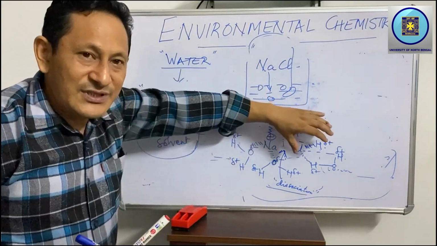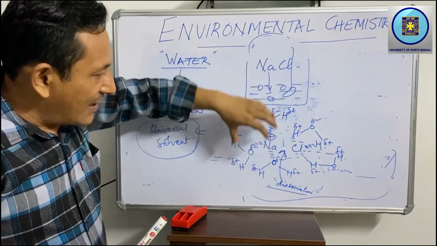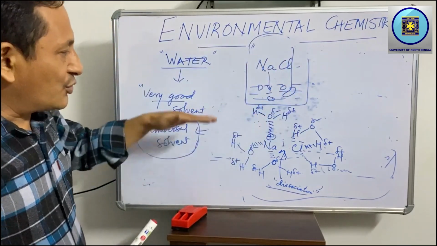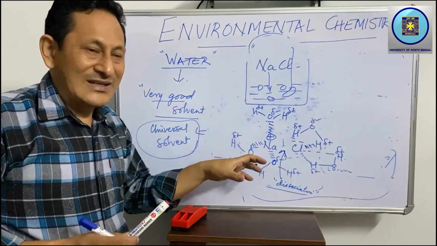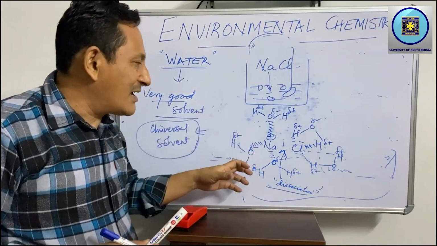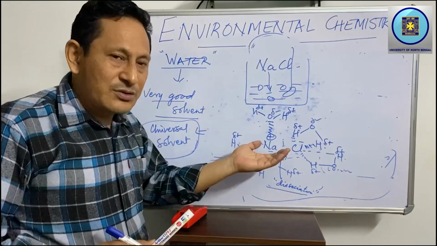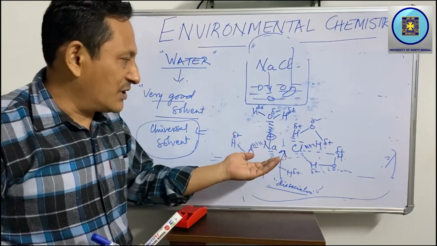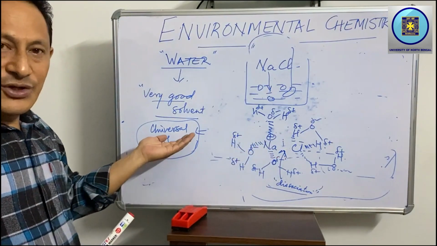When this happens, we say that the sodium chloride has dissolved in water. So water, being a polar solvent, is able to solubilize or dissolve polar compounds and most ionic compounds. That is why it is known as the universal solvent.